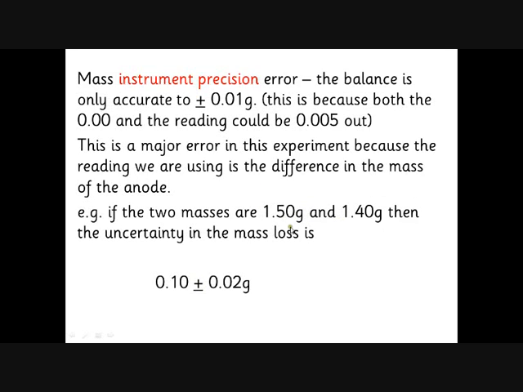So the total uncertainty is 0.02. Okay, it could have gone from 1.51 down to 1.39 and be 0.12 grams, but it might only have gone from 1.49 to 1.41, and the difference might be only 0.08. Okay, so our uncertainty is 0.1 plus or minus 0.02 grams.